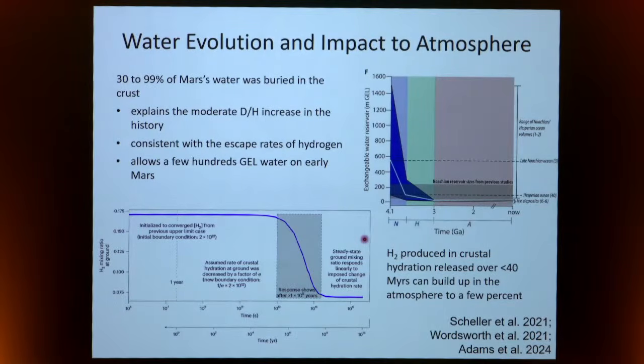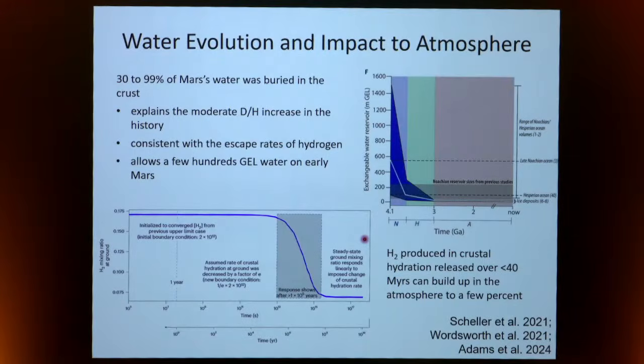And in addition to this water loss story, at the same time as this crustal hydration happened, if you split your water into H and OH and incorporate the OH into your mineral, the free H would get released into the atmosphere. And that H produced in the crustal hydration, we found that if we average it over the whole Noachian, this won't build up too much in terms of atmospheric H2 mixing ratio.